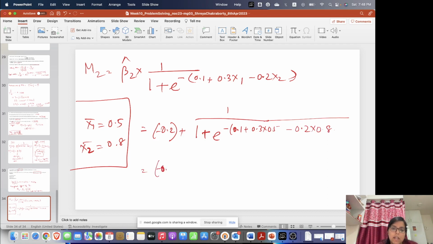So this will be minus 0.2 into 1 by 1 plus e to the power minus of 0.1 plus 0.15 minus 0.16.